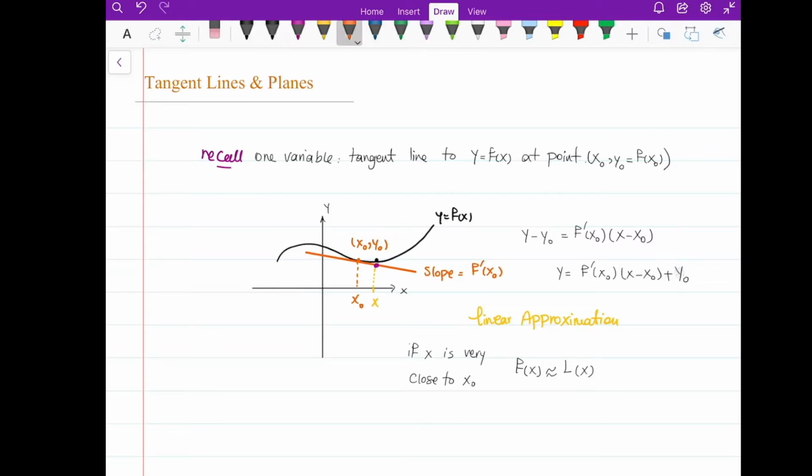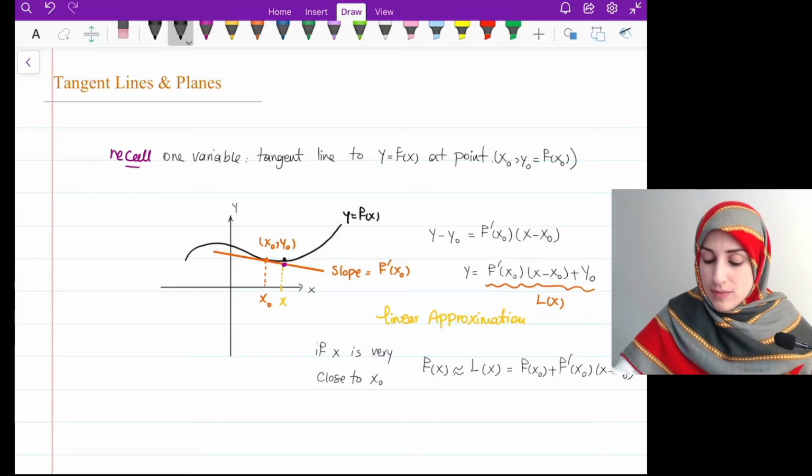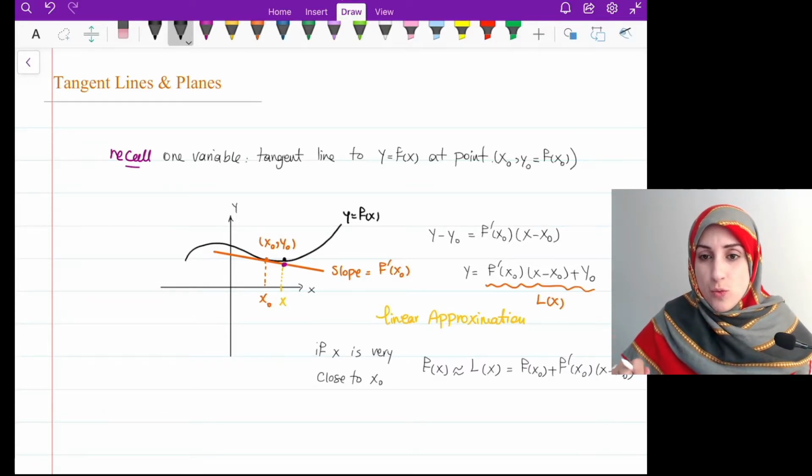Okay, so I'm going to call this one L of x. So it would be equal to f of x naught, which is basically y naught, plus f prime of x naught times x minus x naught. Okay, very good. So that was the tangent line to the curve of just a one variable function.